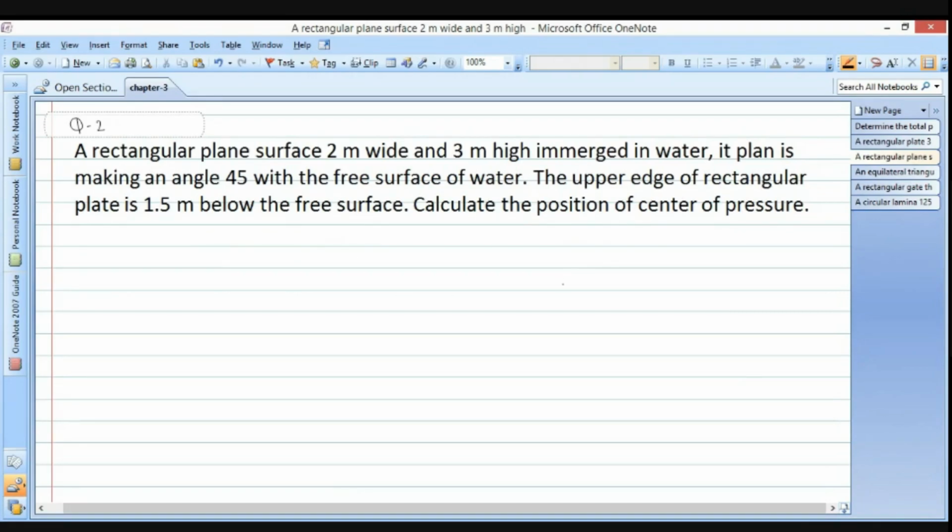First of all, we need to understand what the geometry is. Suppose the height is 3 meter and width is 2 meter. So we just draw this line like this. This is our rectangular plate, 2 meter wide and 3 meter height.